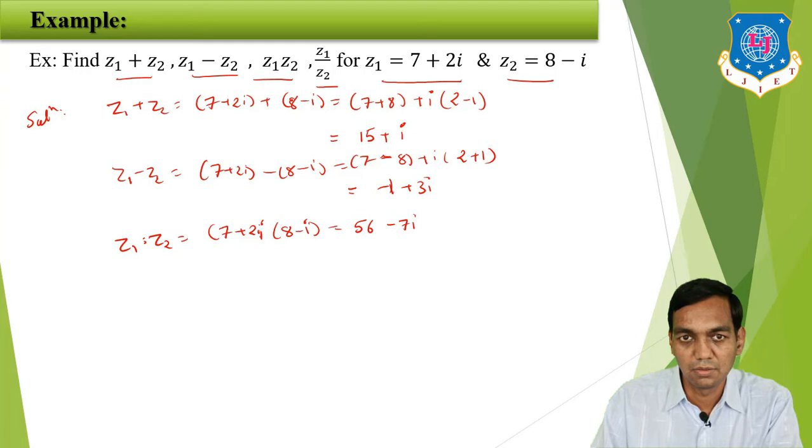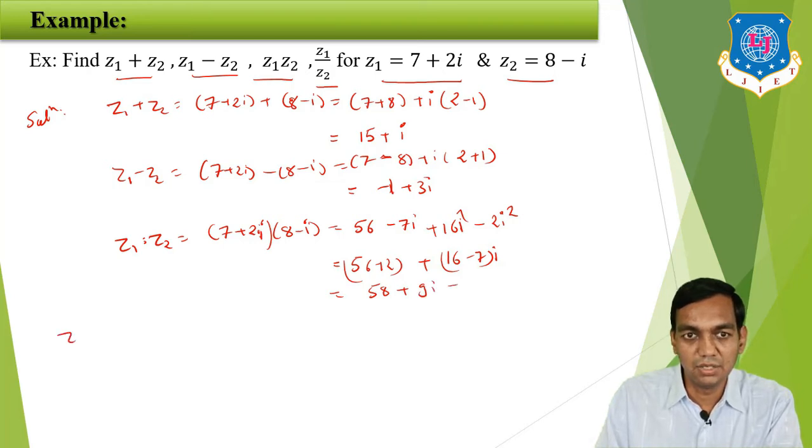Then 2i: 8 into 2 is 16i, minus 2i square. But i square is minus 1, so you will get plus 2. So 56 plus 2, plus (16 minus 7) into i, and that will give you 58 plus 9i.